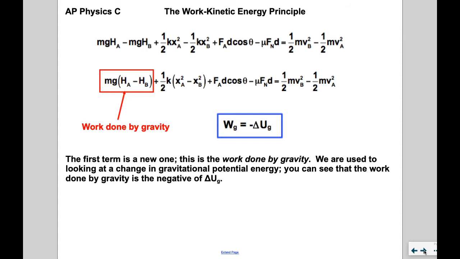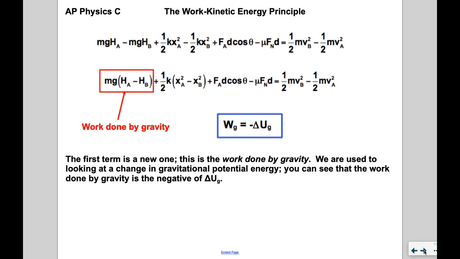We're used to looking at these two terms as a change in the gravitational potential energy between A and B. We would typically determine that by doing final minus initial. You can see that this is initial minus final.